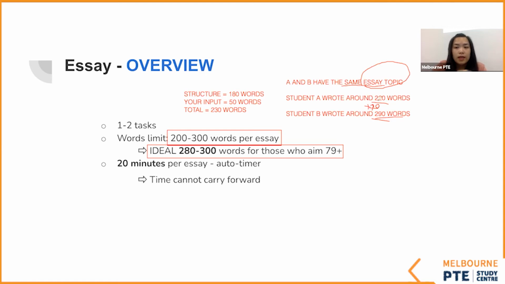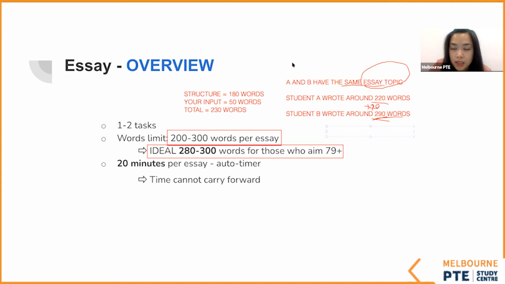Okay. So that's how the computer is programmed in the system, how it marks your essay. The more words you put in your essay, the computer understands that you have a better idea, more information, more knowledge about the topic. Okay, that's how it works.